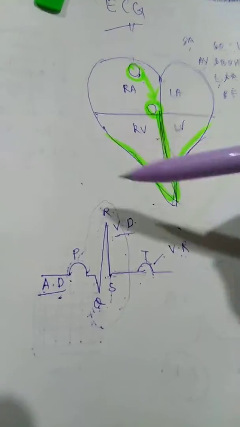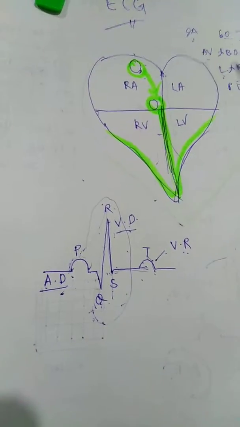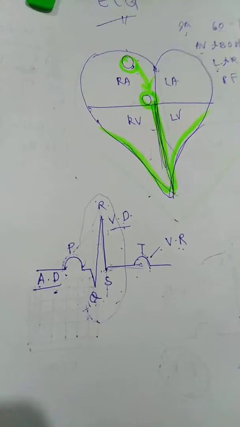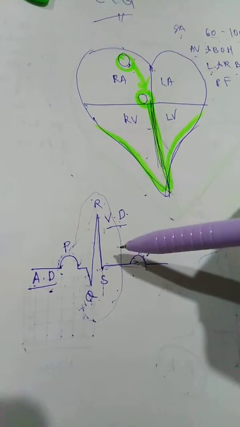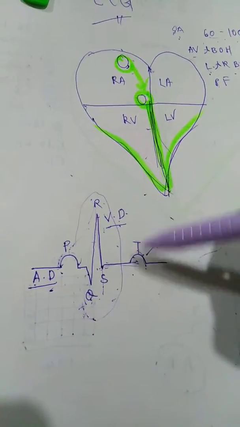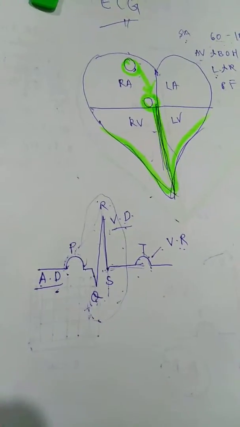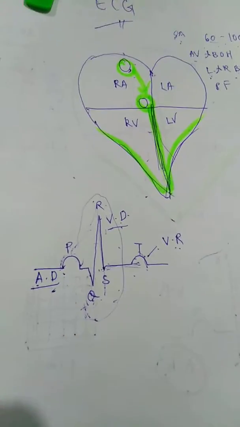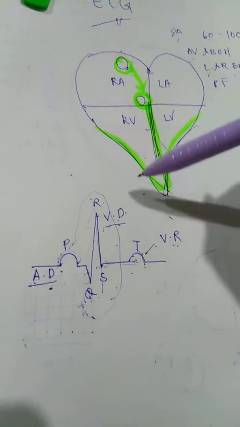Basically, your atrium contracts, then it relaxes, and then blood fills into the ventricles, and then your ventricle starts contracting and then relaxes again, right? As you know, your ventricles are way tougher and stronger compared to your atrium, because the volume they need to hold in that cavity is way bigger compared to your atrium, right?